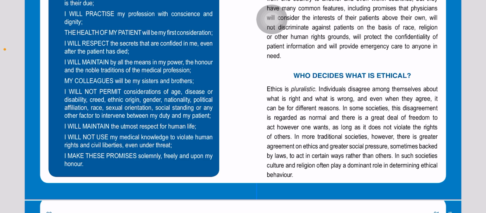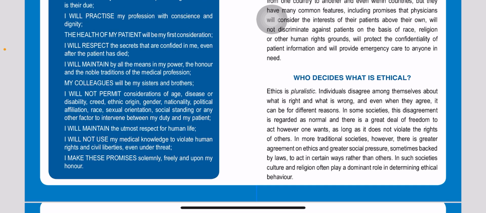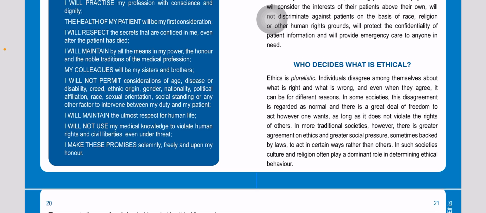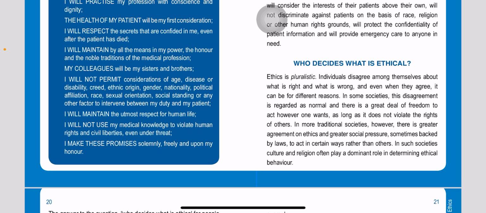I will maintain by all means in my power the honor and the noble traditions of the medical profession. My colleagues will be my sisters and brothers. I will not permit considerations of age, disease, or disability, creed, ethnic origin, gender, nationality, political affiliation, race, sexual orientation, social standing, or any other factor to intervene between my duty and my patient.